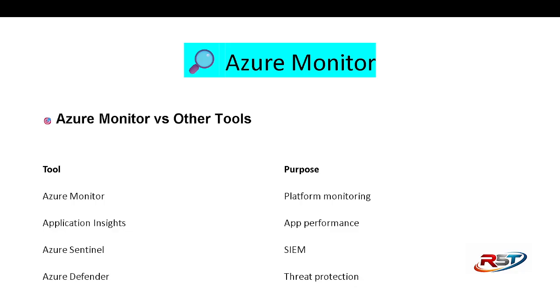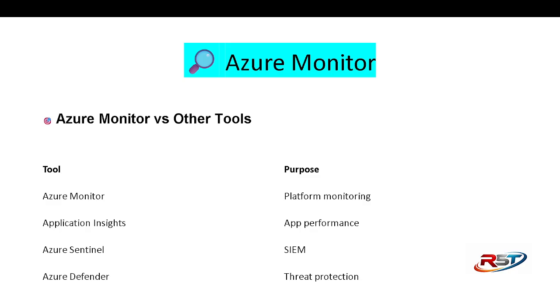Azure Monitor versus other tools. In this table there are some differences between Azure Monitor and other tools. Azure Monitor is for platform monitoring. Platform means the Azure platform, on-premises, Hyper-V, VMware, or another cloud environment.